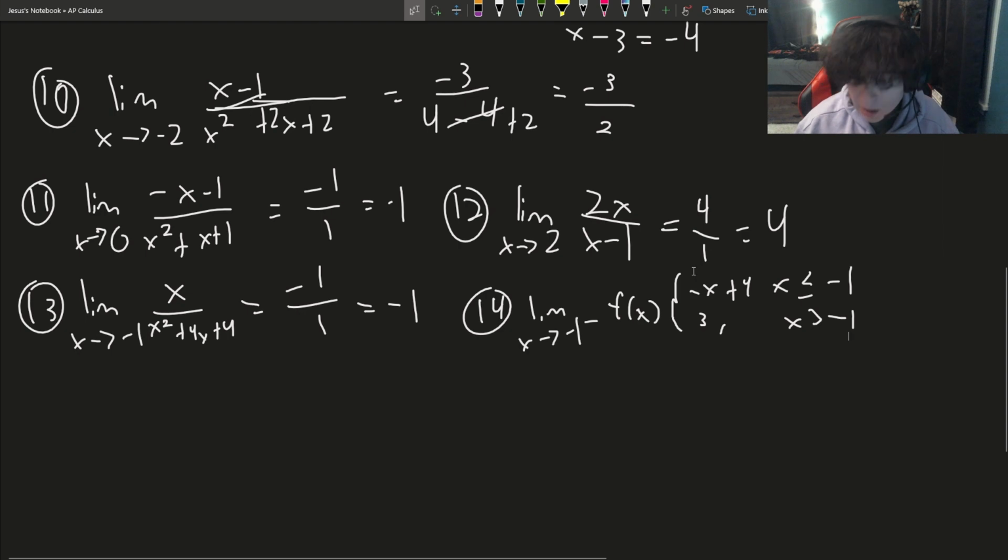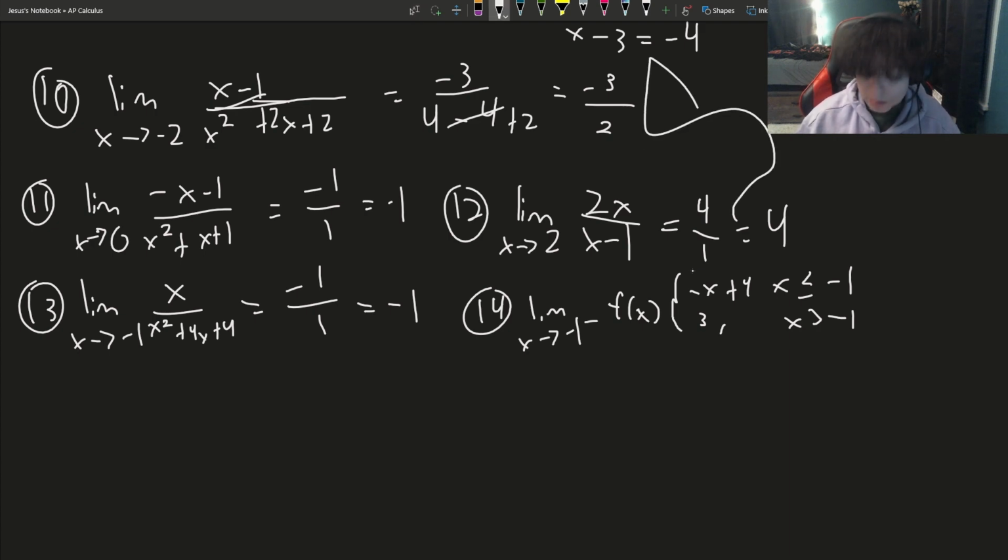So right here, if we had a number line, okay, there we go. Let me just erase that. So from the left, -1 is over here, and as x approaches -1 from the left, it's approaching from over here, so it would be -2, -3, -4.